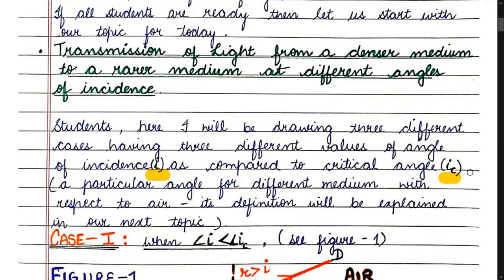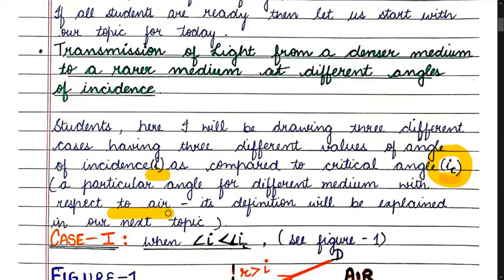Students, this critical angle, what is this? It is a particular angle for different medium with respect to the surrounding medium as air.